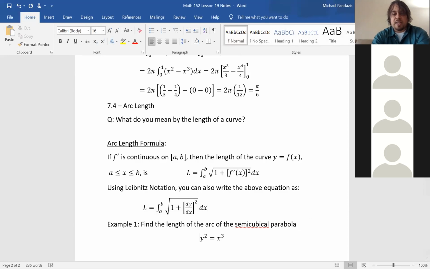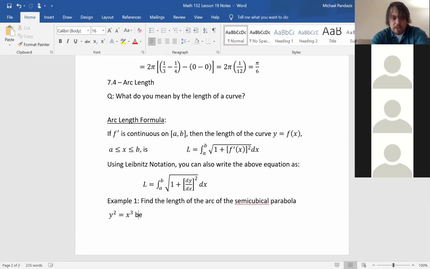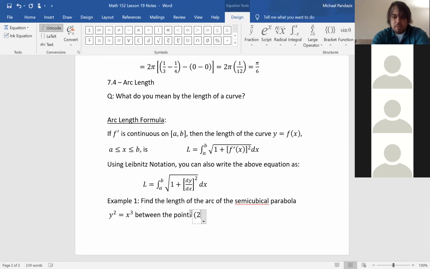You're just finding the length of a curve with a weird name. It's called the semi-cubical parabola. So find the length of the arc of the graph of y squared equals x cubed between the points (1, 1) and (4, 8).